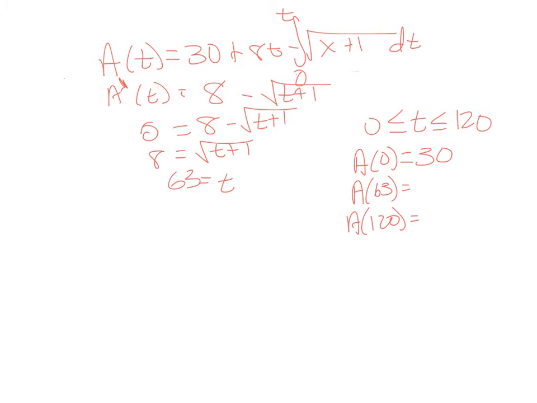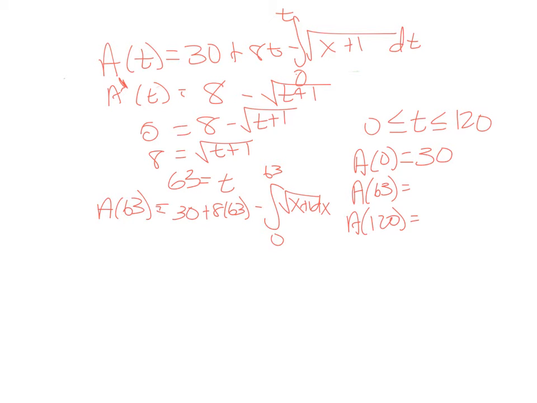So let's think about this. If I'm finding A of 63, that's 30 plus 8 times 63 minus, I keep wanting to put plus, minus the integral from 0 to 63 of the square root of x plus 1 dx.